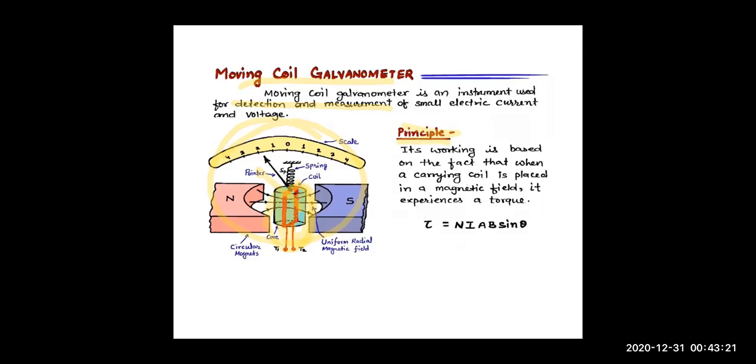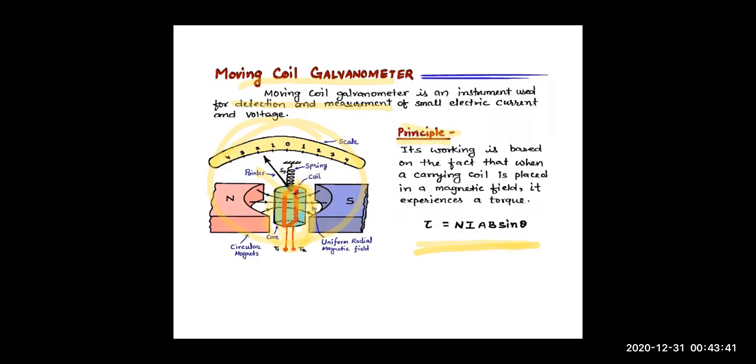Because of the torque, the deflection occurs in the coil, which indicates the measure of current or voltage in the circuit.